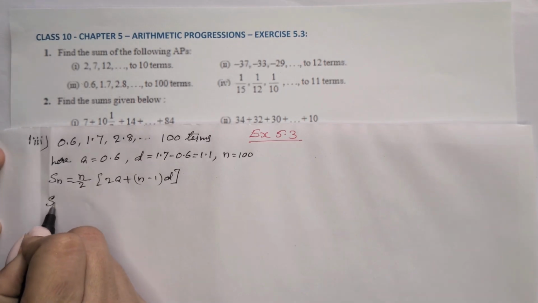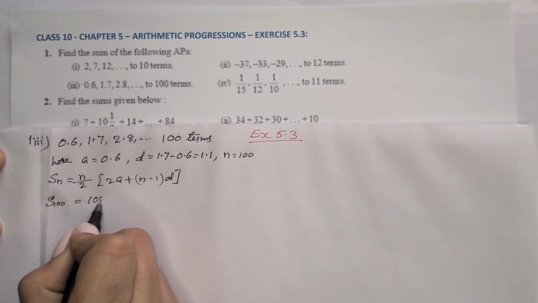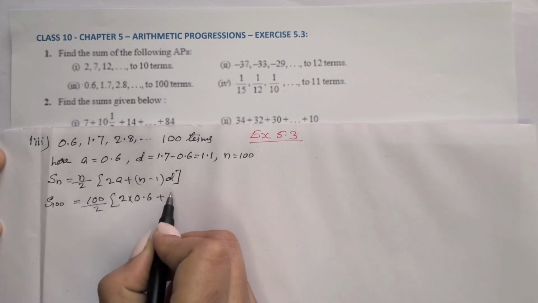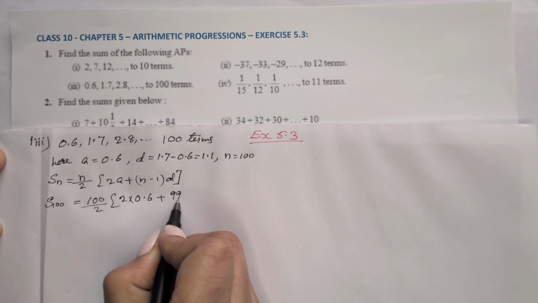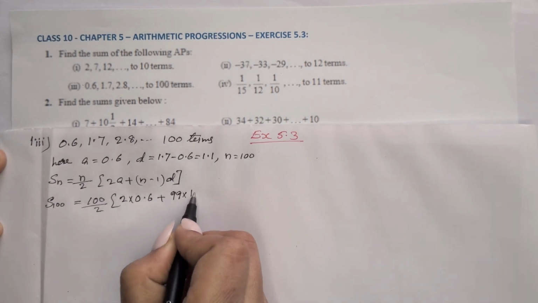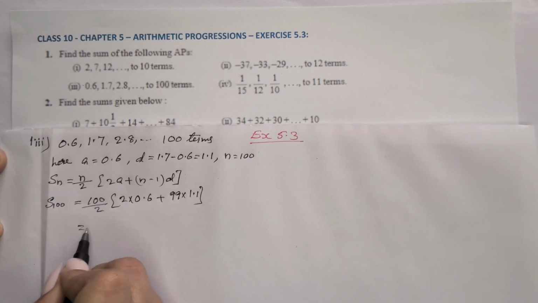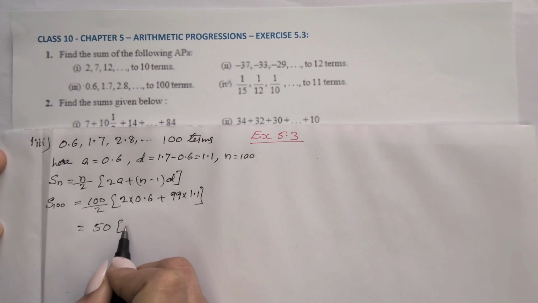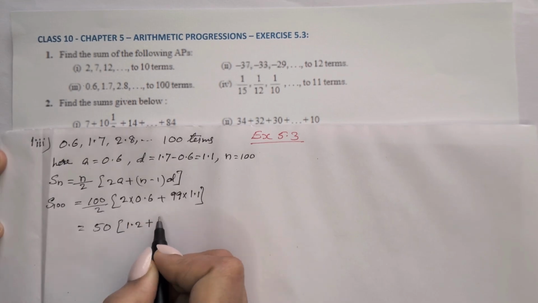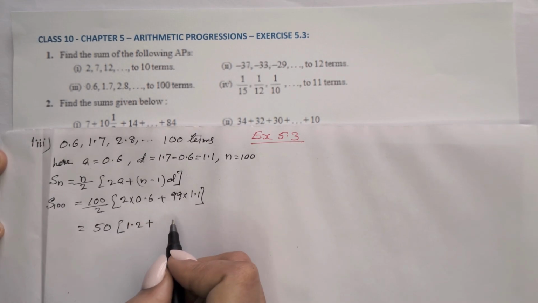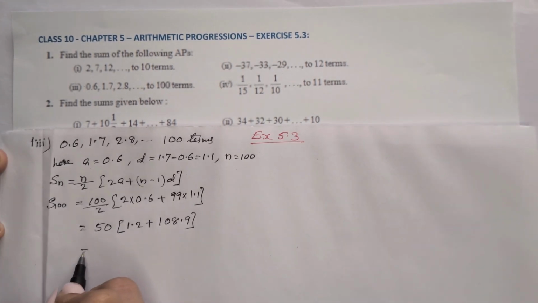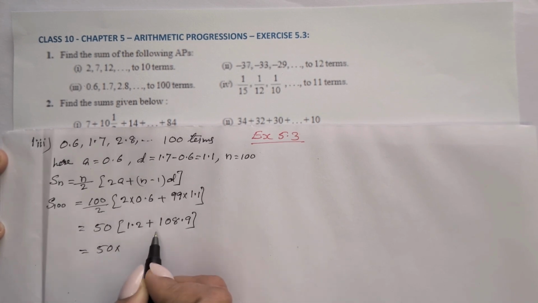So S100 is equal to 100 by 2, 2 into 0.6, 100 minus 1, that means 99 into d which is 1.1, which is equal to here 50 into 2 into 0.6, that will come 1.2, plus 99 into 1.1, it will come 108.9, which is equal to 50 into, when we are adding this one, 110.1.